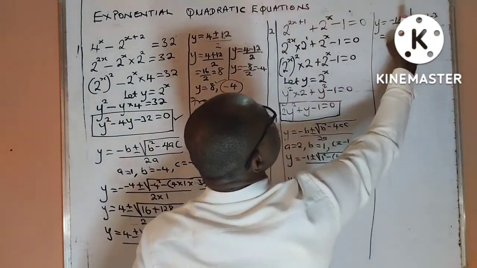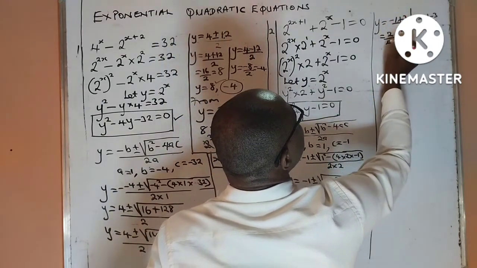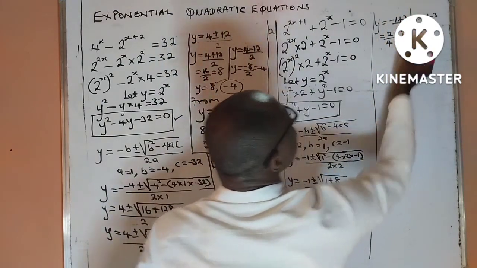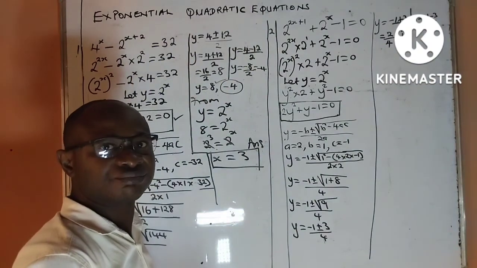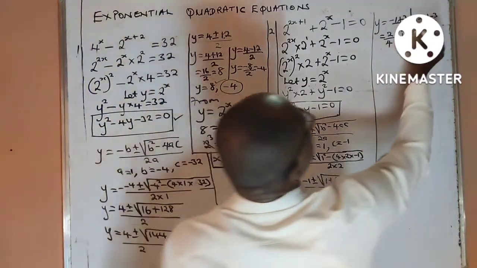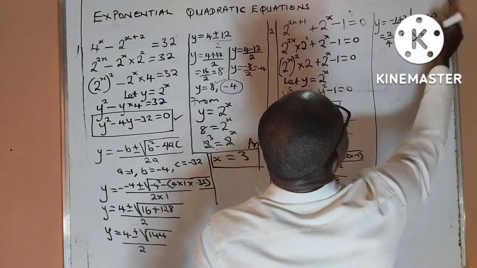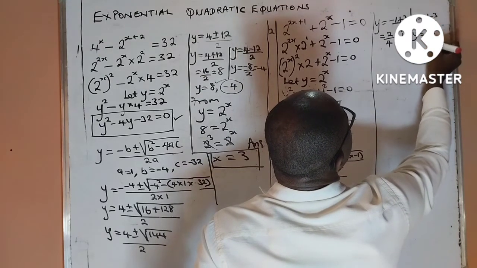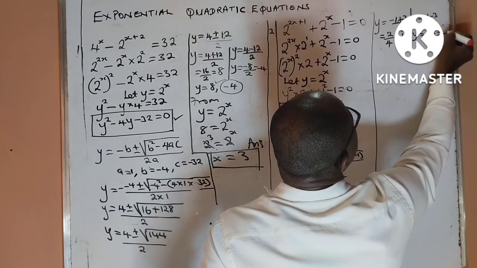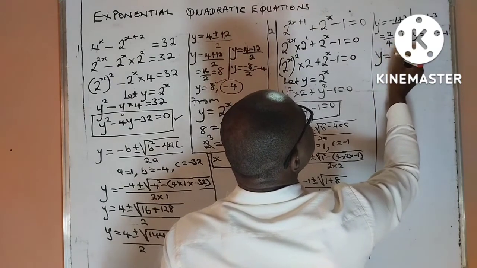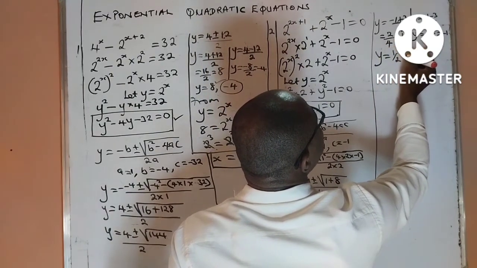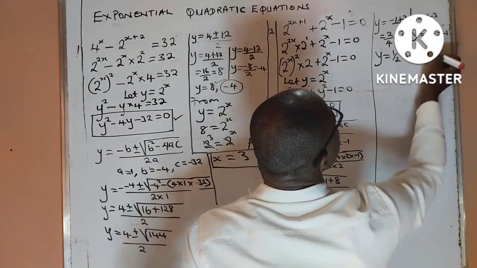If I do this, minus 1 plus 3 will give me 2 over 4, which can be reduced to 1 over 2. Also, y equal to minus 1 minus 3 is minus 4 over 4, which can be written as minus 1. So the values of y are a half and minus 1.